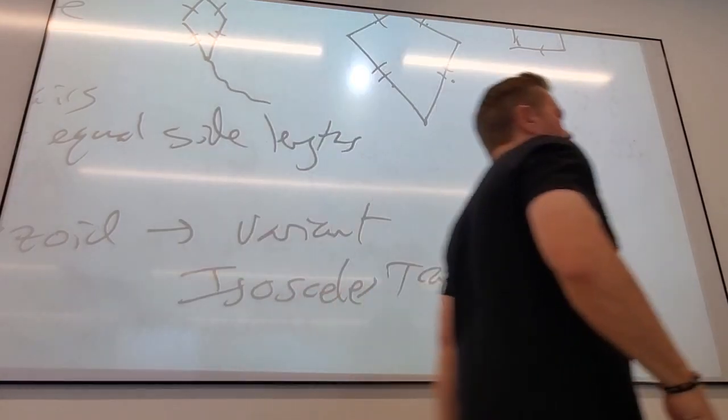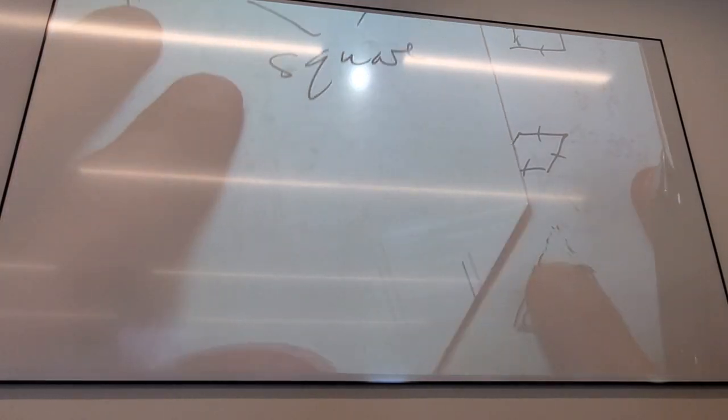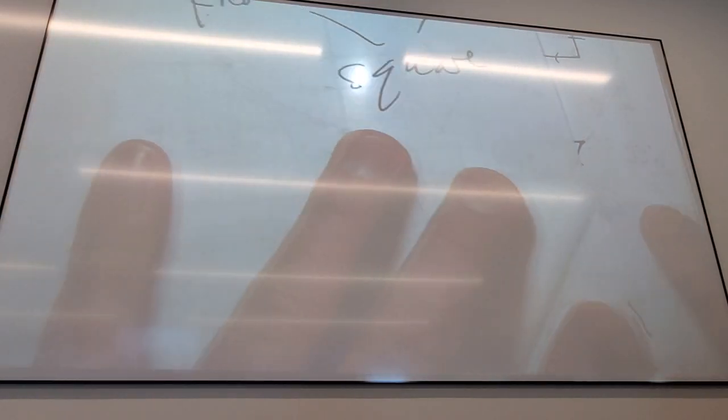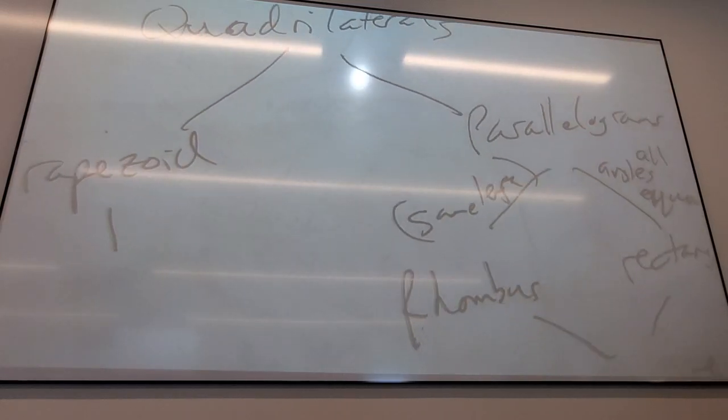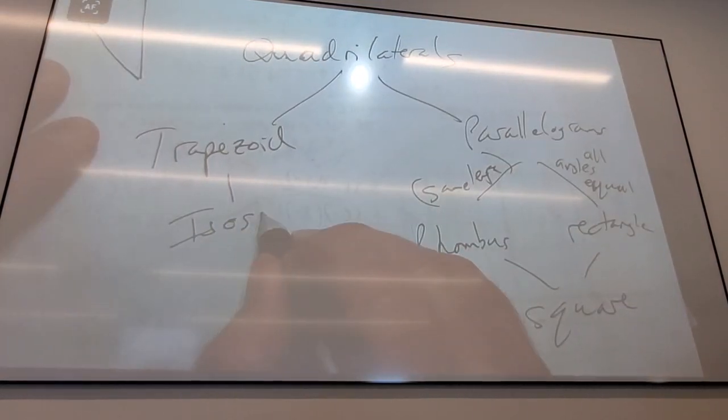So, going back to this. Oh boy, I left myself no room. Underneath trapezoid, I'm sorry, this is what I'm talking about here. Underneath trapezoid, now I got an isosceles trapezoid.